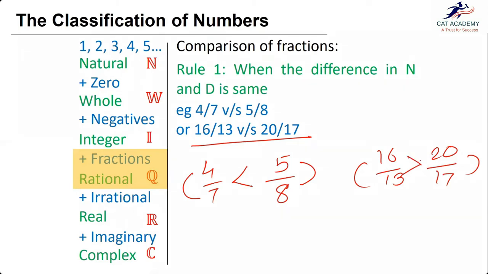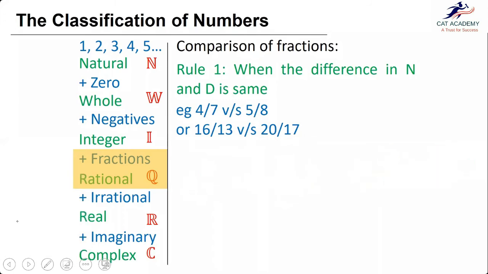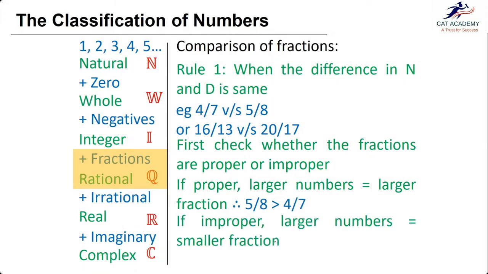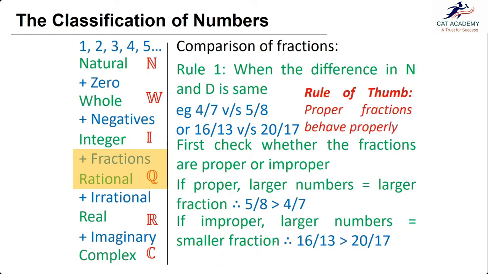So this one is greater. Clear? Understood rule number one? So first question, check the difference between numerator and denominator. Is it same? Second question, check if the fractions are proper or improper. And then proper behaves properly, improper behaves improperly. Okay?